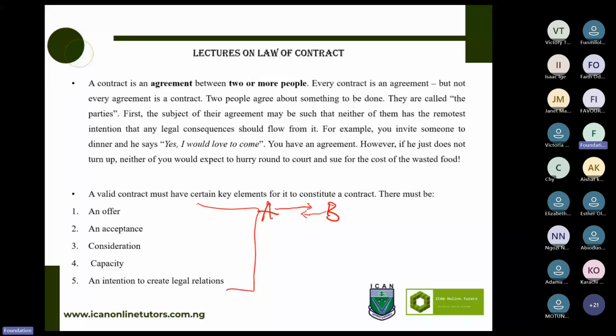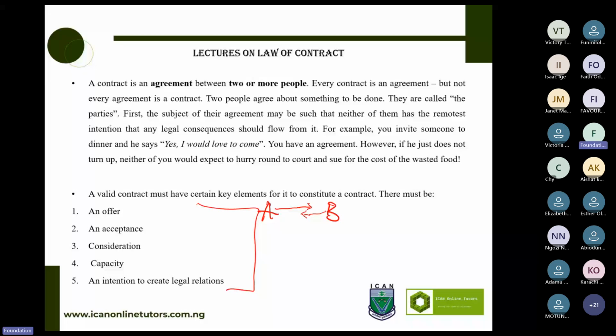I've been seeing you. You have all the qualities that I want in a woman. We call that toast, right? That is an offer. And B said, yes, I've been looking at you too. I'm happy to have you as my boyfriend or my fiancé. So meaning A toasted B, B accepted. That toast is the offer.